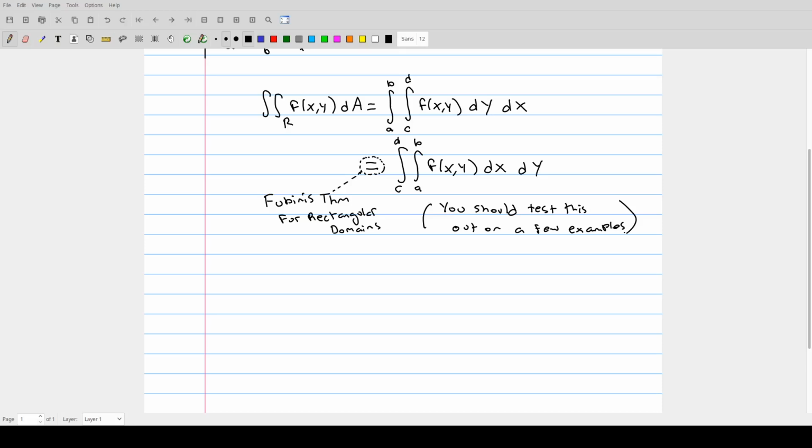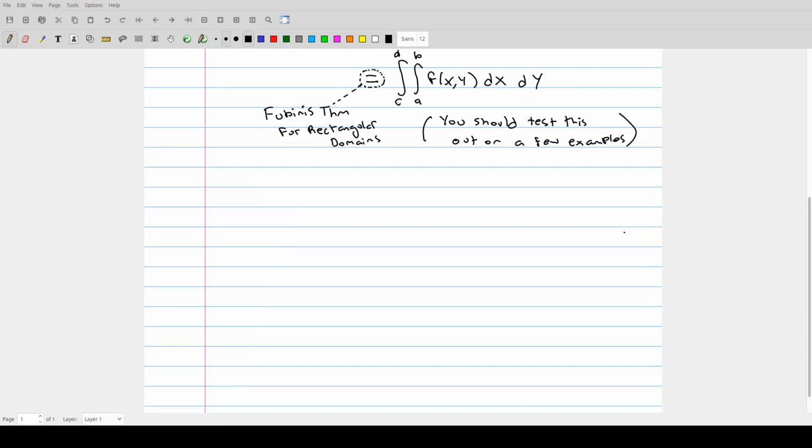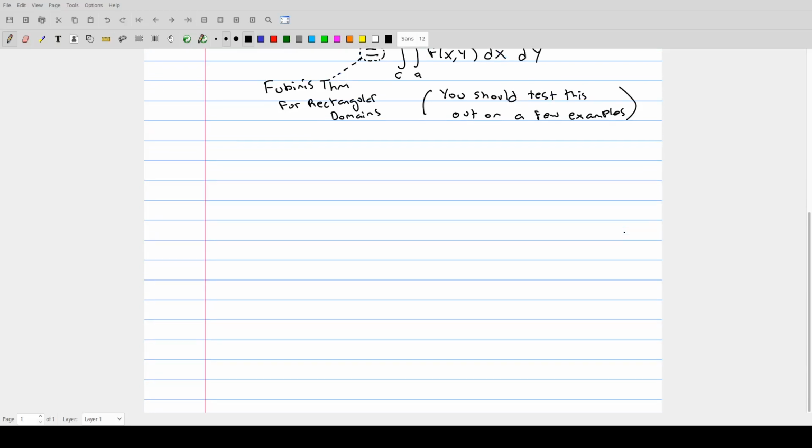So the question that we want to answer now, and we talked about this a little bit last class, is how to integrate over more general domains.